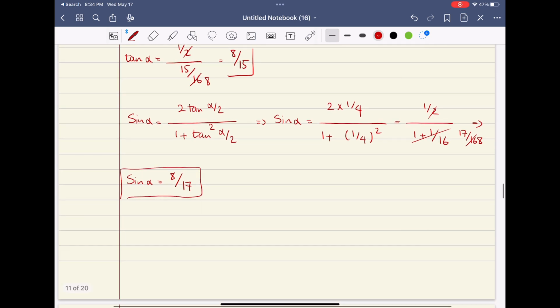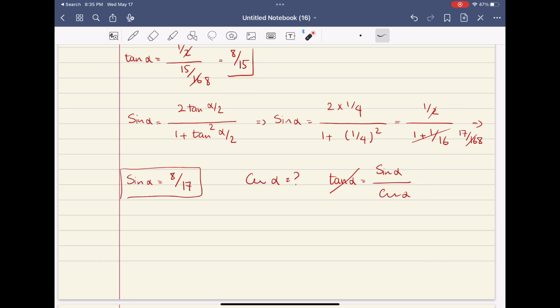And we also need to find cos α. So we know that tan α is equal to sin α over cos α. So we have sin α and we have tan α. We're going to replace the values, 8/15 for tan α and 8/17 for sin α, and we can find cos α based on that.